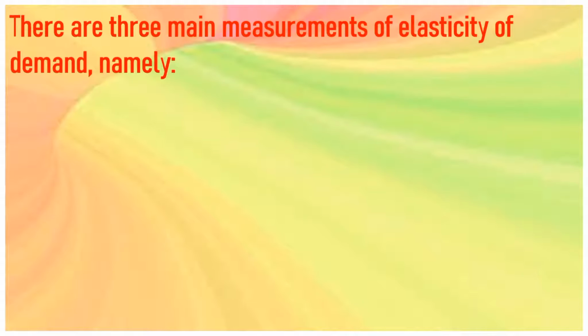Here, we want to discuss the measurements of elasticity of demand. When we say measurement, we are talking about the three main factors that always make demand change either by rising or falling.